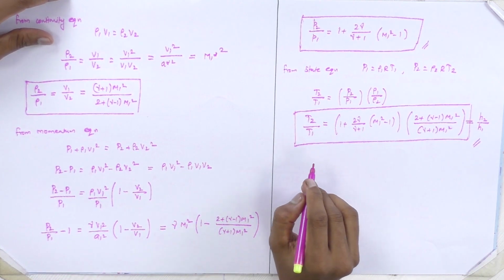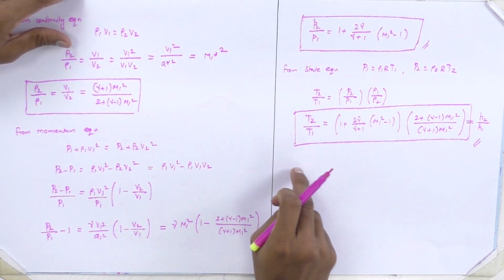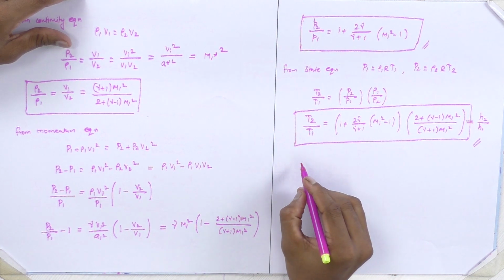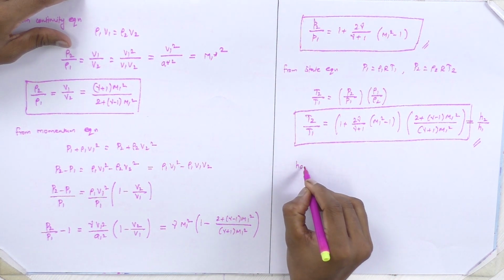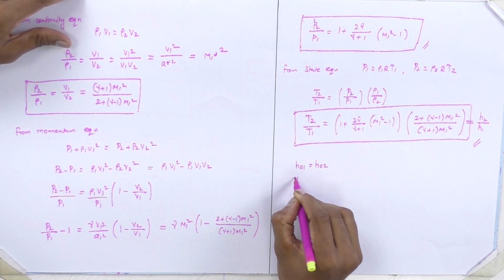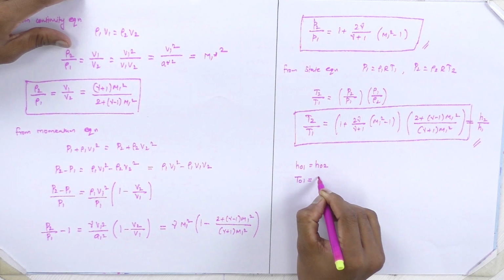We know the process across a normal shock is an adiabatic process. So in an adiabatic process, stagnation enthalpy will be constant and stagnation temperature also will be constant.